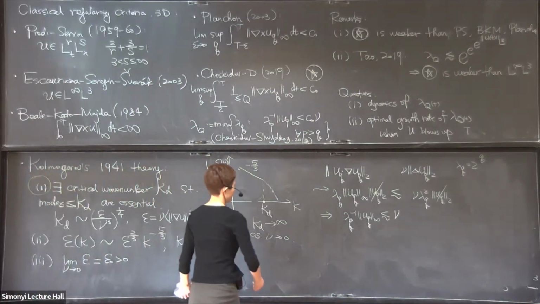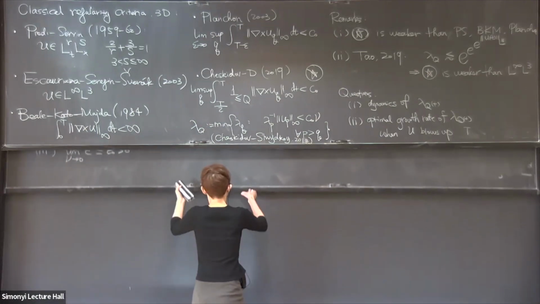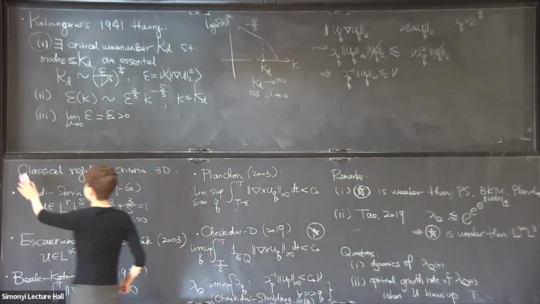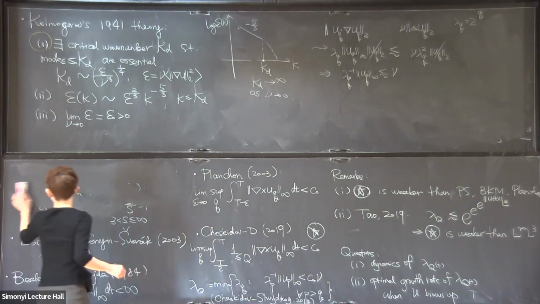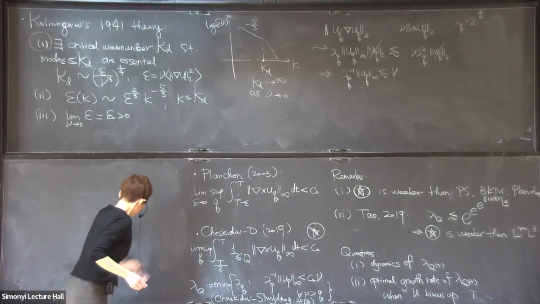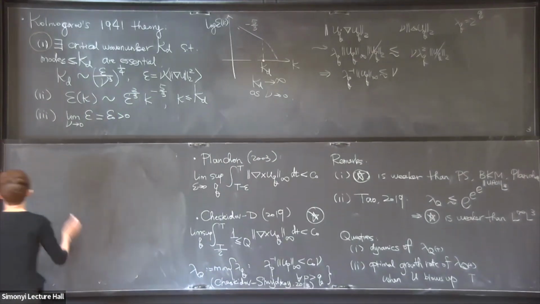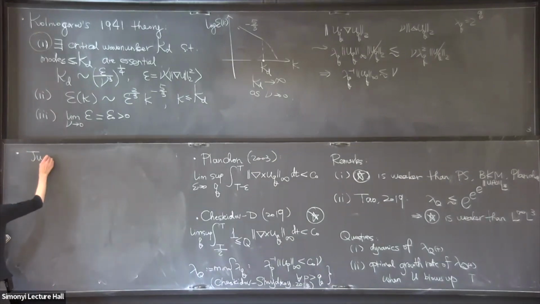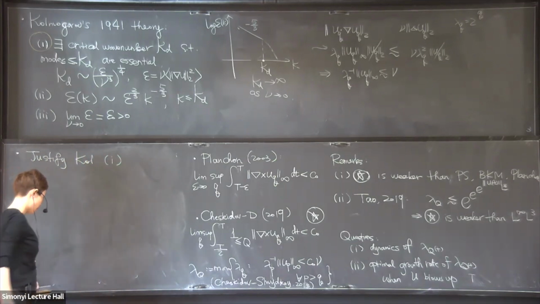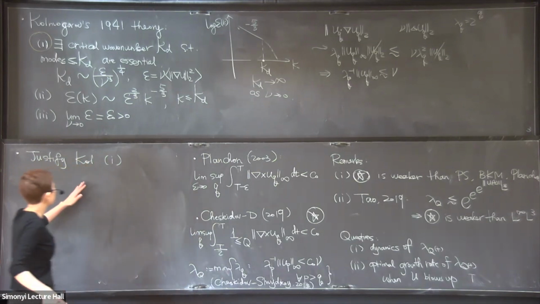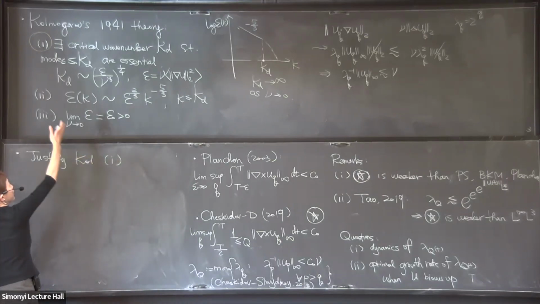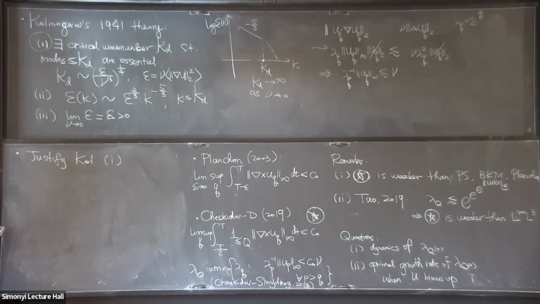And that's the second part. Here we focus on the prediction one. If we have time, we'll talk about the 2 and 3 as well. So, just find the criticality of the Kolmogorov dissipation wave number.